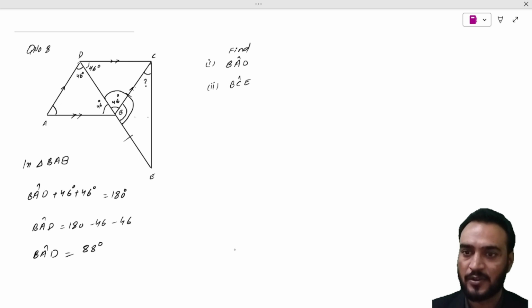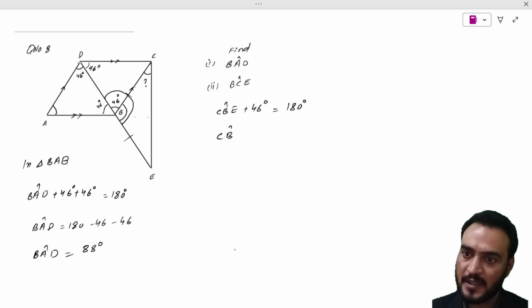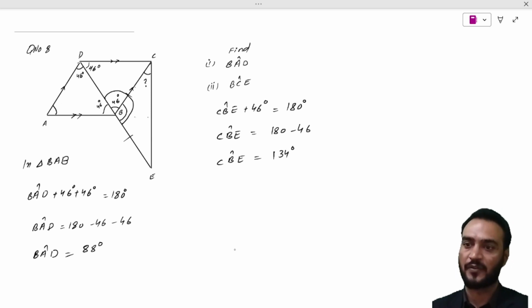So first we need to find this angle at point B. So the angle CBE, CBE plus 46 degrees is equal to 180 degrees, and CBE is equal to 180 minus 46. CBE is equal to 134 degrees. Subtracting 46 from 180, we get 134 degrees.